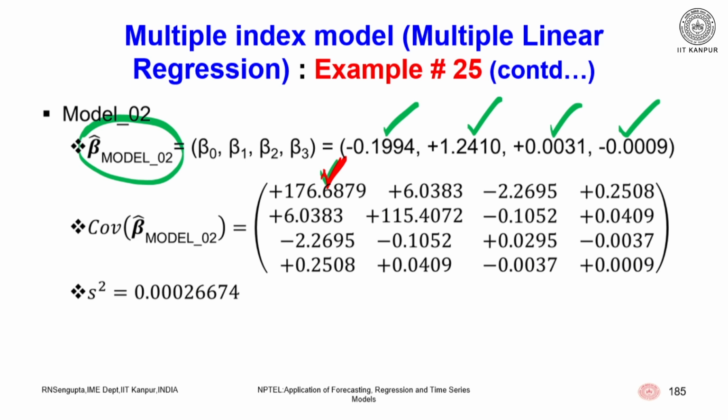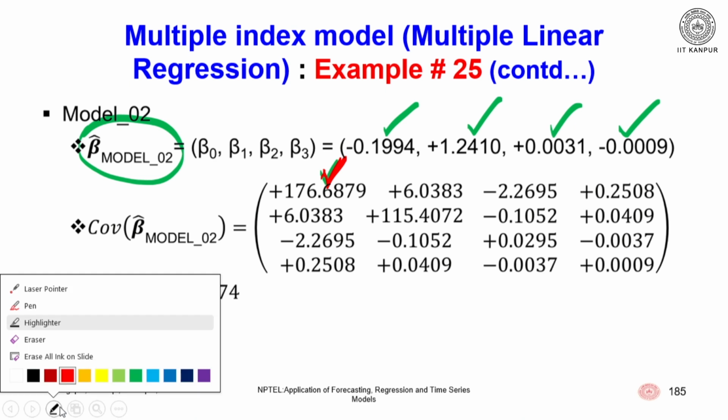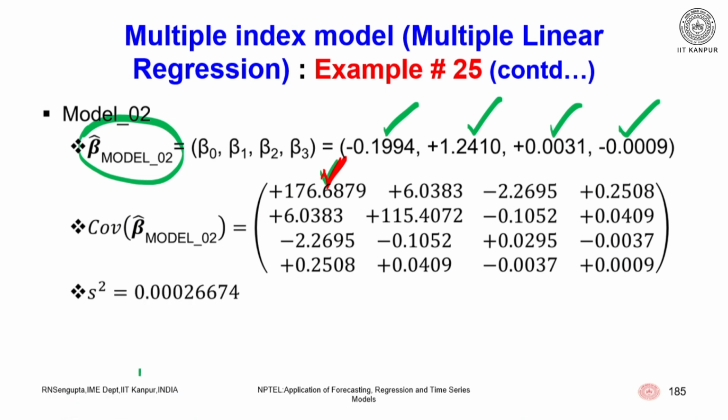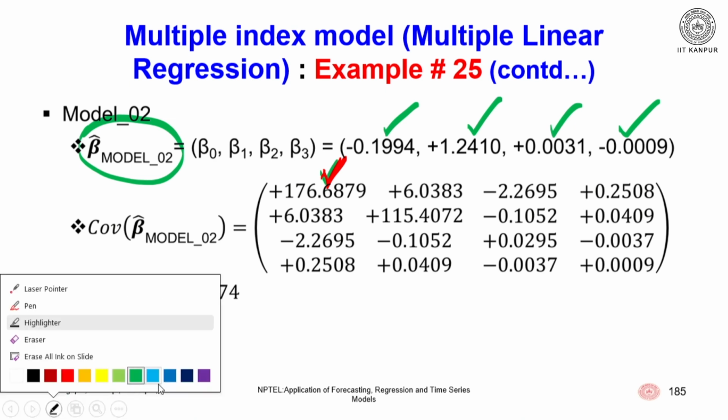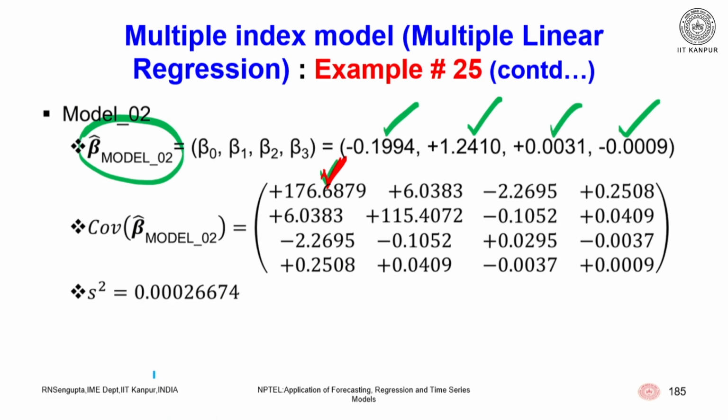Similarly, 2, 2, 3, 3, 4, 4 are the corresponding variances for beta 1, beta 2, beta 3, and the off-diagonal elements are the covariances. As you can easily find out, the off-diagonal elements are symmetric, which was also evident when we did model 1. I did not point it out then, but it is obvious that it will be true in model 2 also.